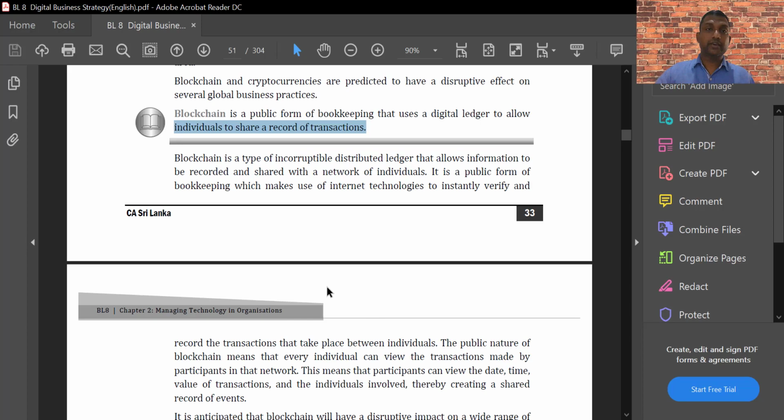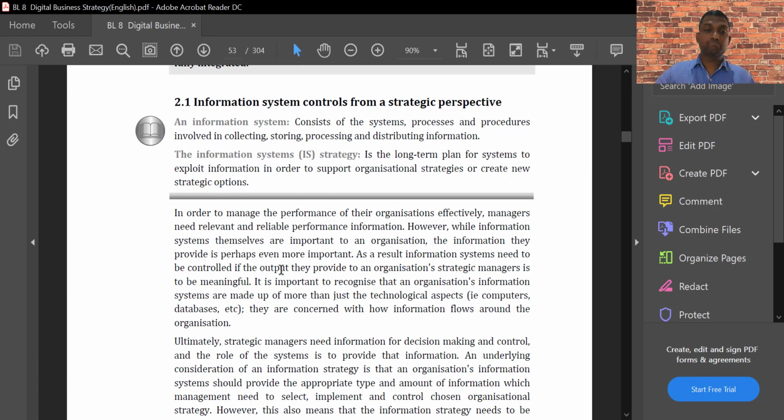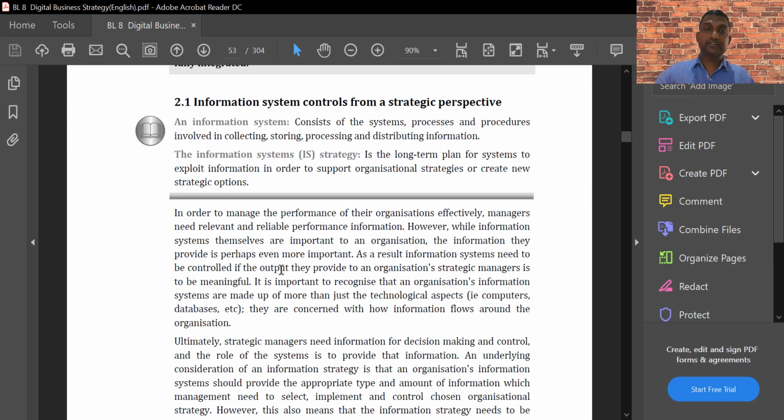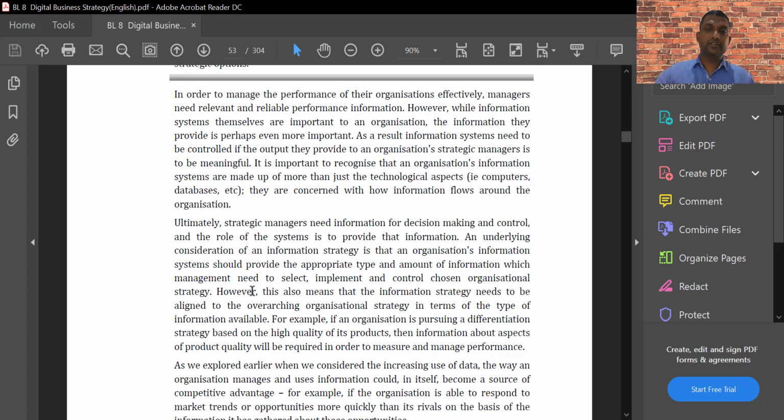So if we look at information system controls from a strategic perspective, in this section, have a read on this whole section, then you can really relate to what it says.